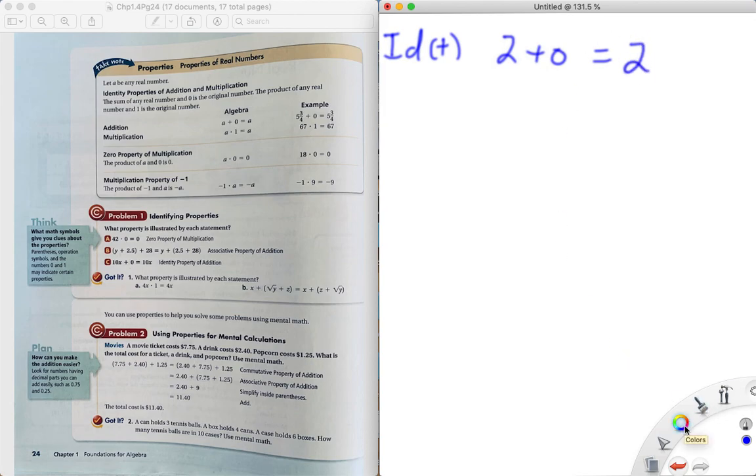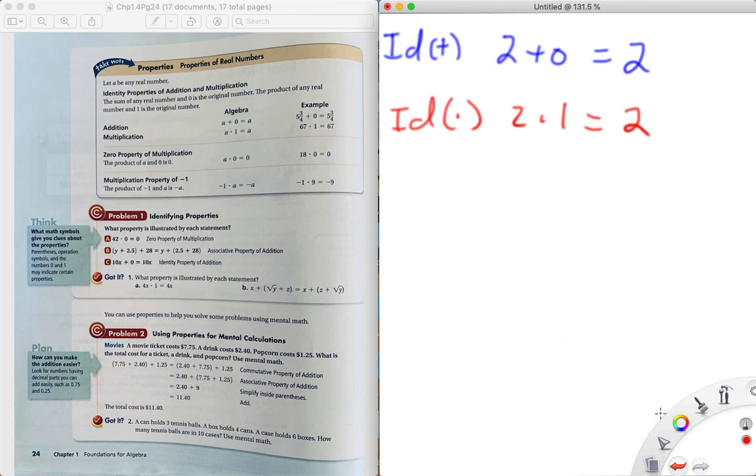Any number plus 0 equals itself. That is the additive identity. And then the multiplicative identity says that if I have a number and multiply it times 1, it equals itself. Any number times 1 equals itself. Additive identity, any number plus 0 equals itself. Multiplicative identity, any number times 1 equals itself.